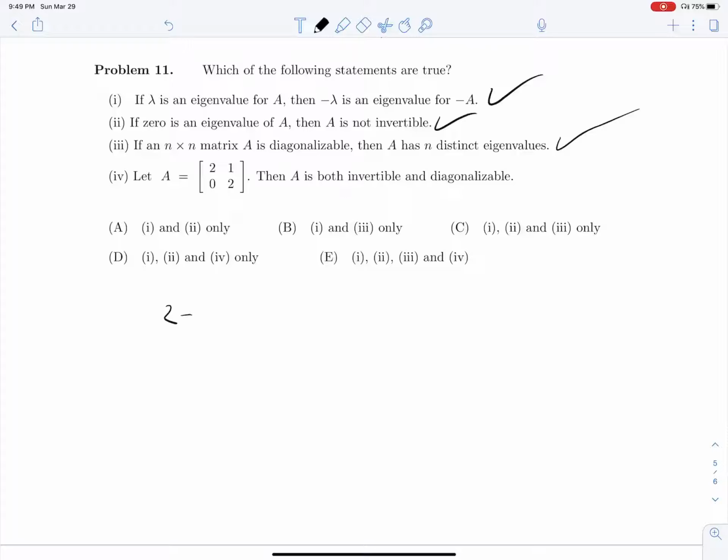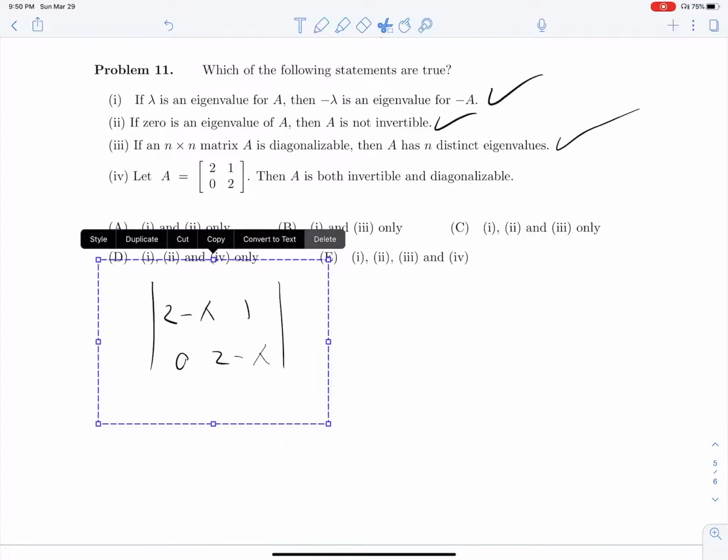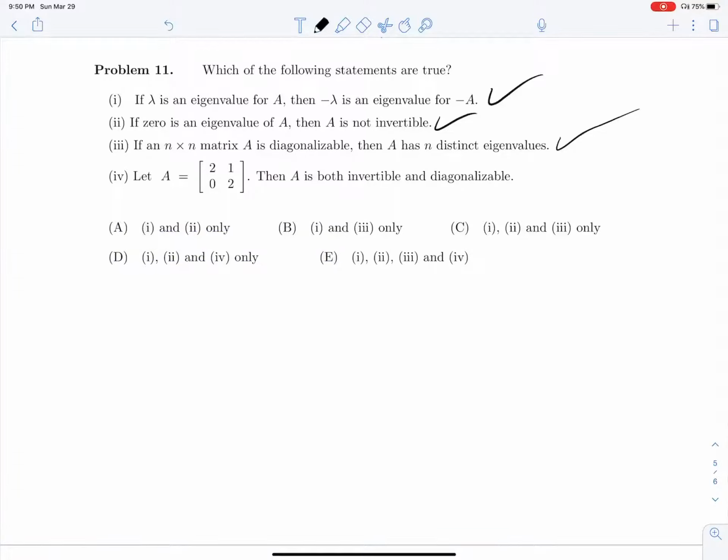We're going to solve 2 minus lambda, 0, 2 minus lambda, and 1. And in fact, I'm not even going to solve this because we know that the solution of this is going to be lambda equals 2 with a multiplicity of 2. And that's all well and good. So now solving for our eigenvectors, we're going to plug in lambda equals 2 into A minus lambda I. So that's going to give us 0, 0, 0, 1.